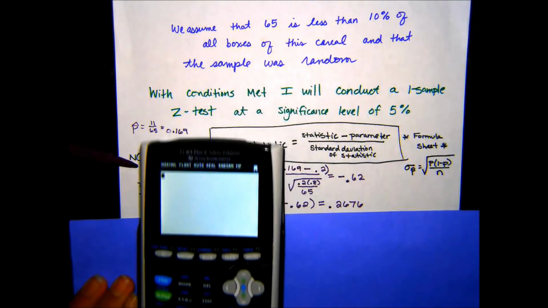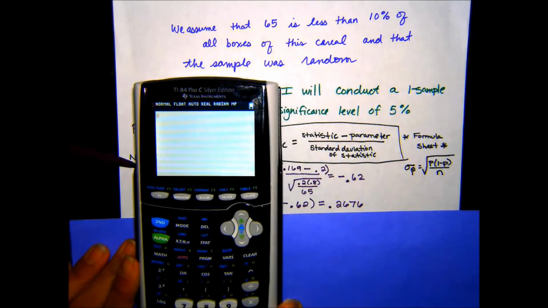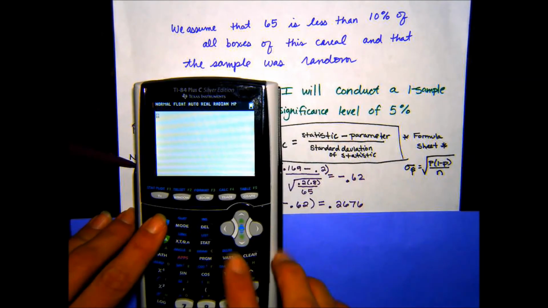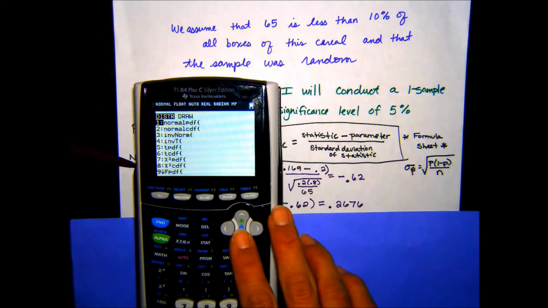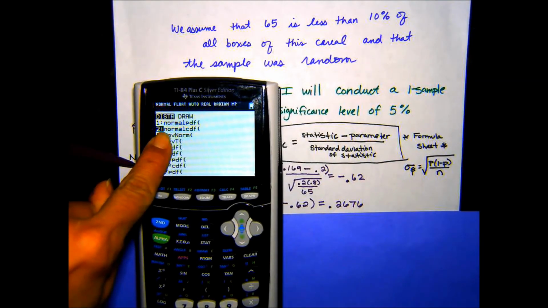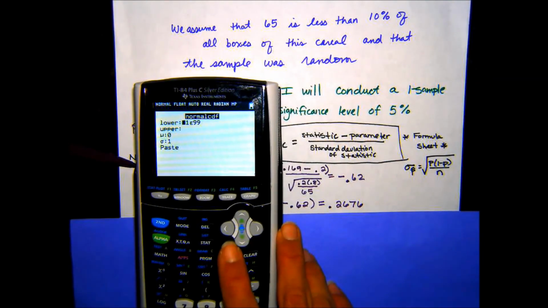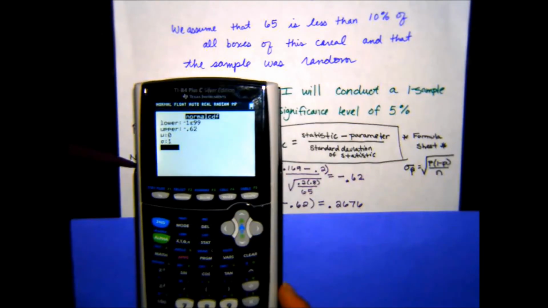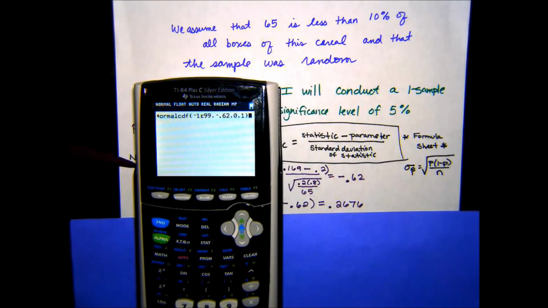If you're not sure how I got that, we can go into our calculator. We go into second vars, our distributions. This is a normal distribution. We're working with z-scores. Lower bound is negative infinity. My upper bound is my test statistic, negative 0.62. The mean is 0 and the standard deviation is 1. We're on a standardized normal curve, and that's how I get a p-value.